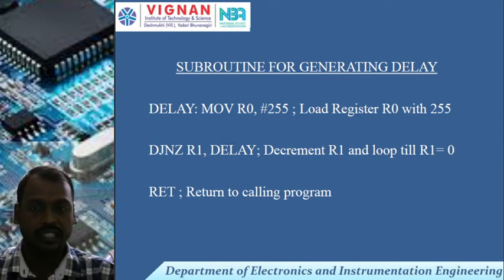Then djnz r1 comma delay, so decrement r1 and loop until r1 equals 0. Whenever r1 equals 0, it exits the loop and returns to the main program. So the main program returns from the delay program, which means you are accessing the delay.